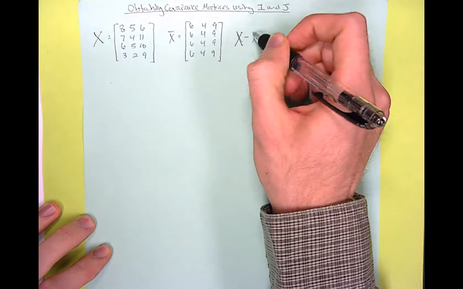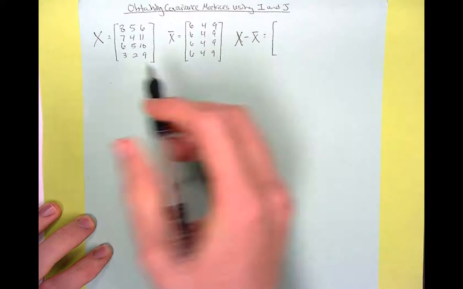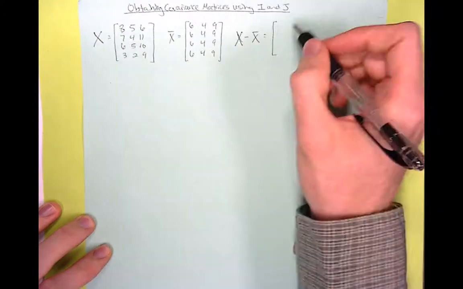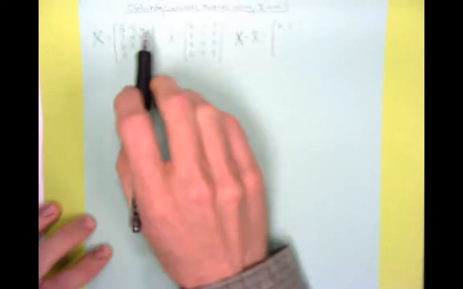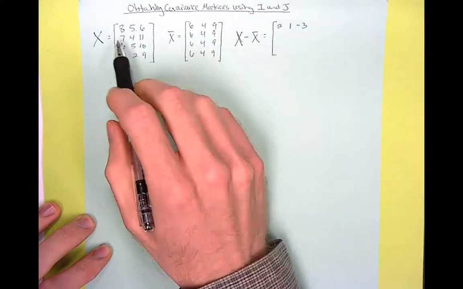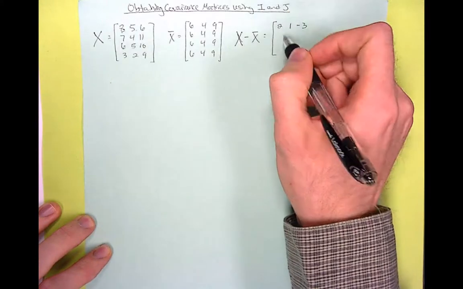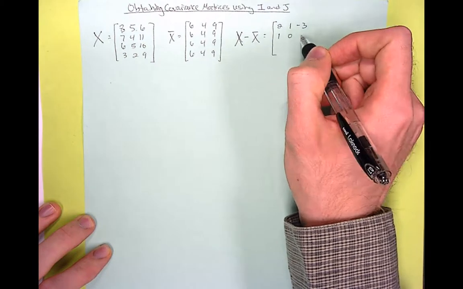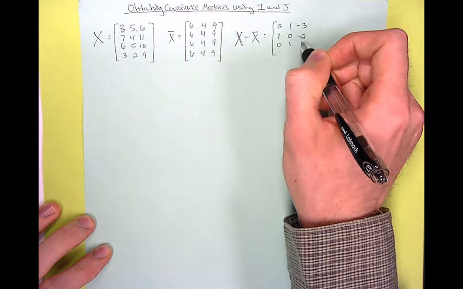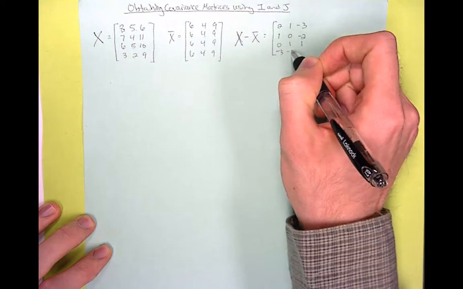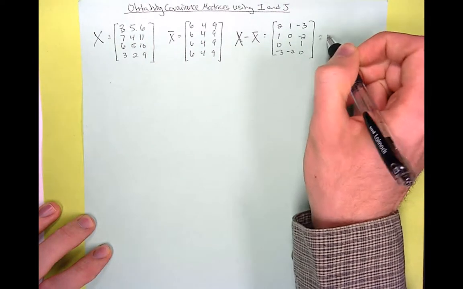So it's large X minus the mean, so we'll just do 8 minus 6, 5 minus 4, 6 minus 9, and then do the next row, 7 minus 6, 4 minus 4, 11 minus 9, and the result is this: 2, 1, negative 3, 1, 0, negative 2, 0, 1, 1, negative 3, negative 2, 0, and like we did in video 3.2, we're going to label this small x.